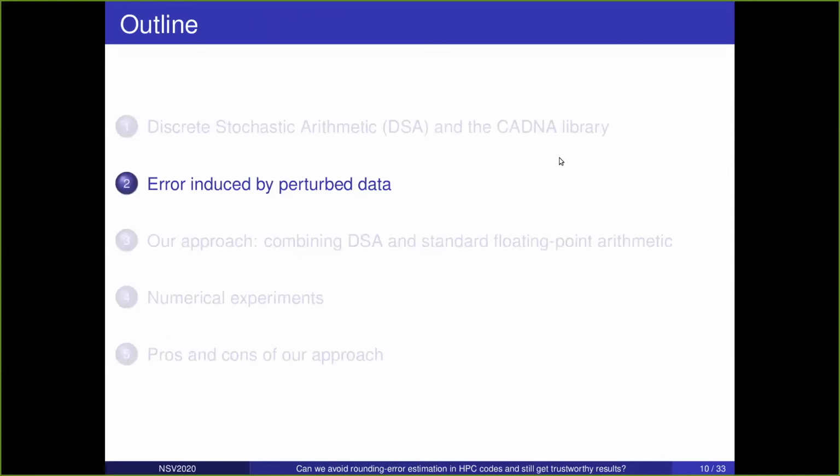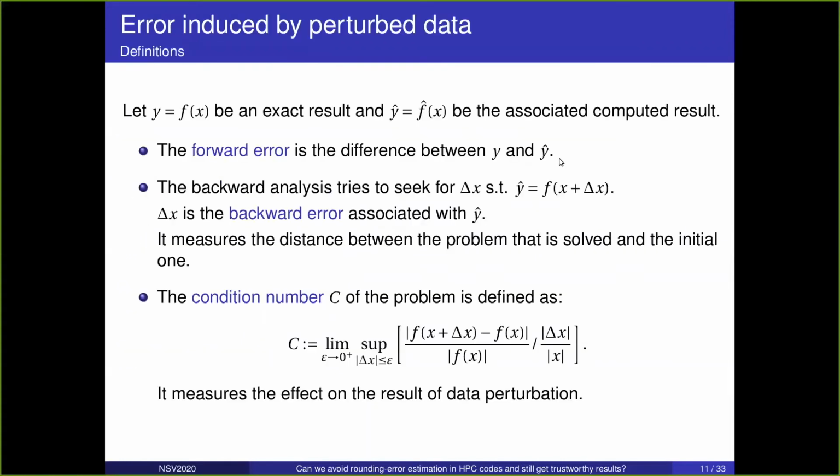So now I'm going to show you the error induced by perturbed data. Here we denote by y, which is f of x, an exact result, and y hat, f hat of x, is the computed result. They are different because of the finite precision of the computer. The forward error is the difference between the exact and the computed result.